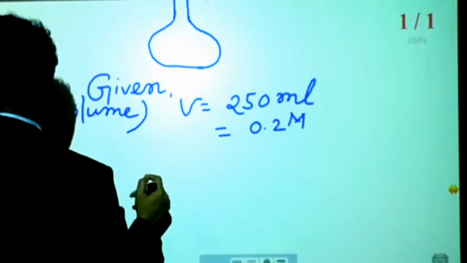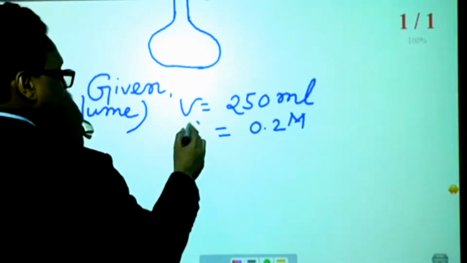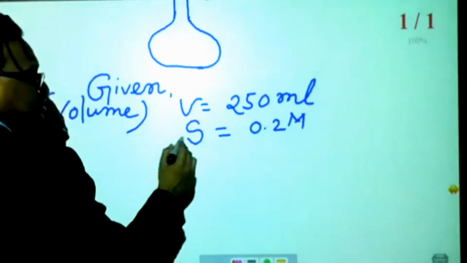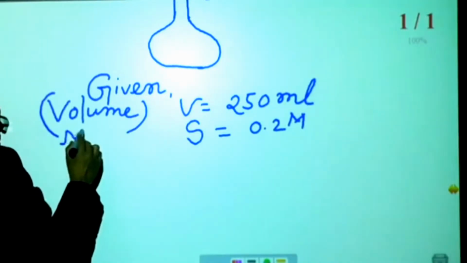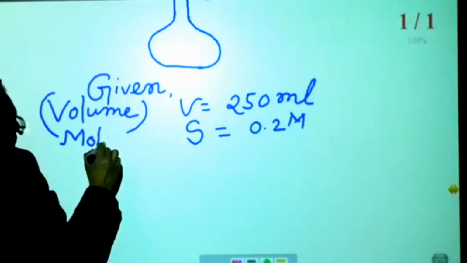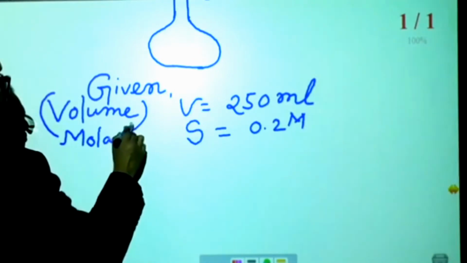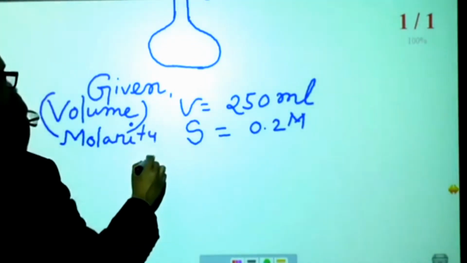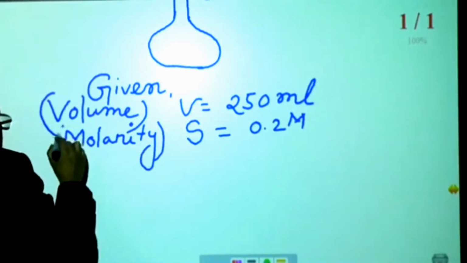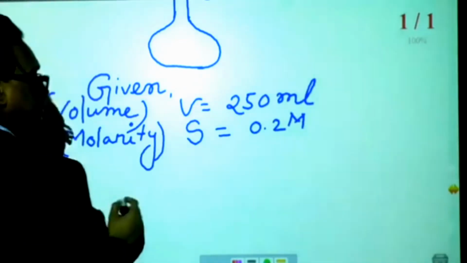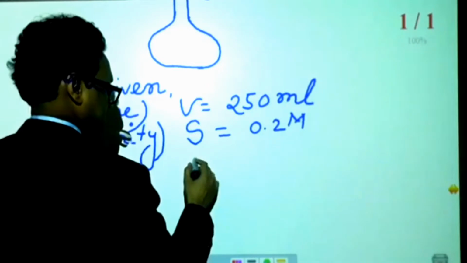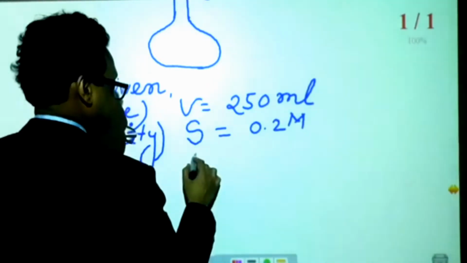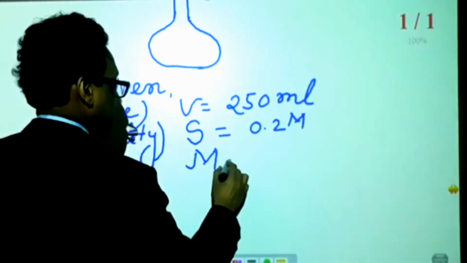So instead of M, here we have to give S for molar concentration. This is called molarity or molar concentration. Okay. And M, molecular mass of sodium chloride.